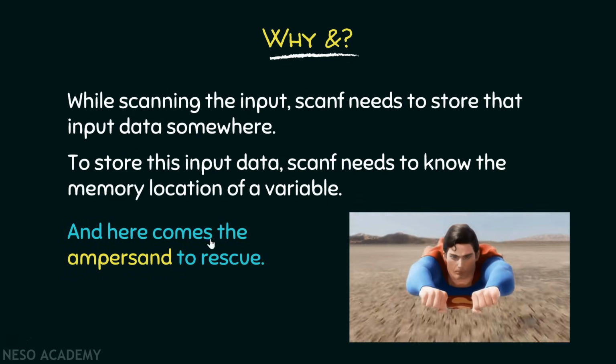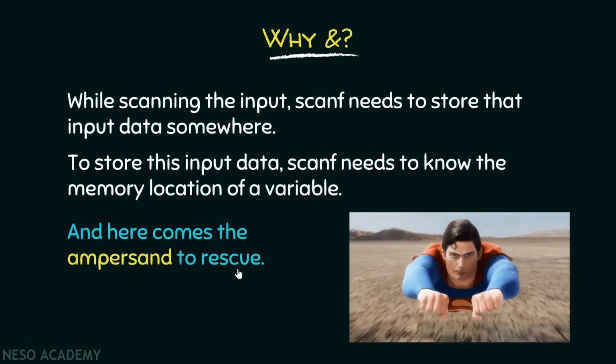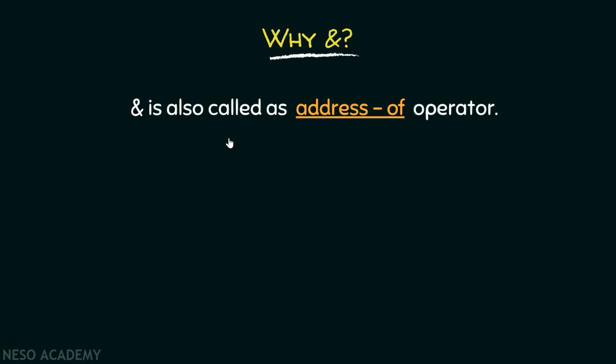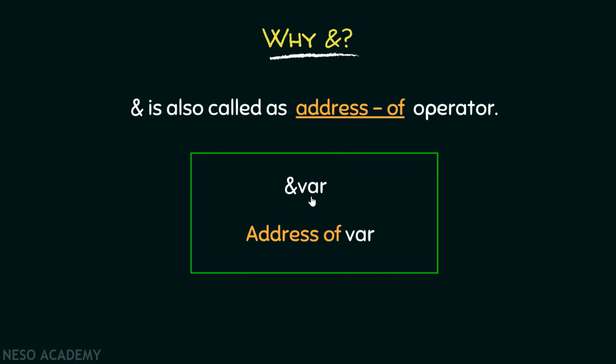Now, here comes the ampersand to the rescue. Ampersand is also called the address of operator. Note down this thing. What does it really mean? If we write ampersand var, this is equivalent to writing address of var.